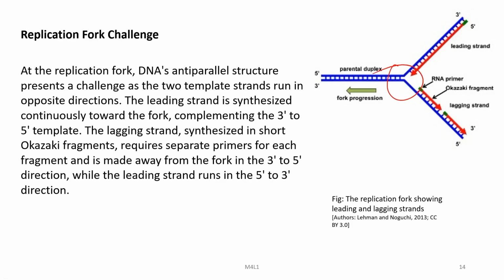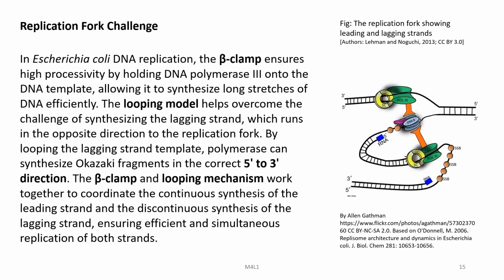At the replication fork, DNA's antiparallel structure presents a challenge as the two template strands run in opposite directions. The leading strand is synthesized continuously toward the fork, complementing the 3' to 5' template. The lagging strand, synthesized in short Okazaki fragments, requires a separate primer for each fragment and is made away from the fork, while the leading strand runs in the 5' to 3' direction.